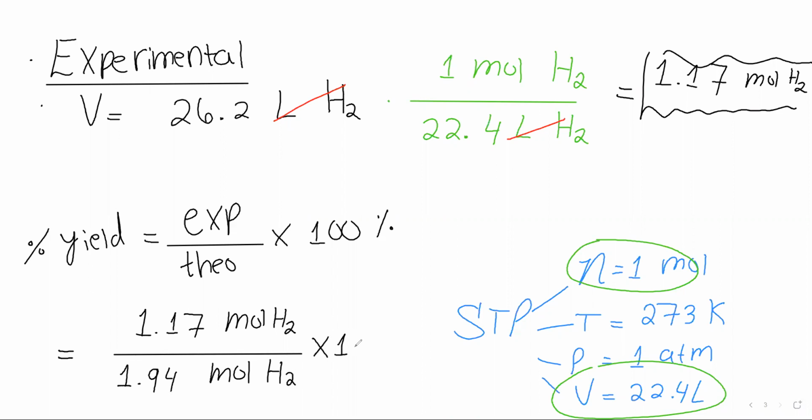And then multiplied by 100 to convert it to a percentage. Also notice how the percent yield is a unitless quantity, except the percent sign itself is kind of like a unit. So finally, when you type this into the calculator for your final answer, you get about 60.3%.